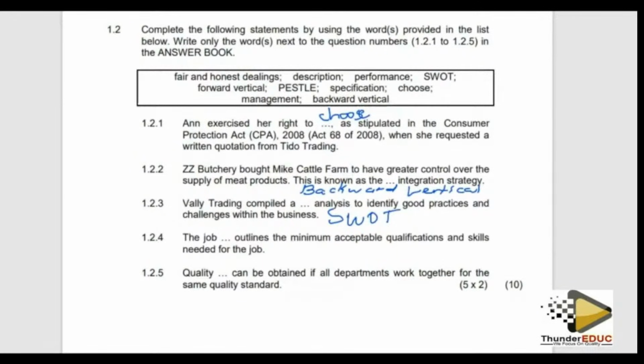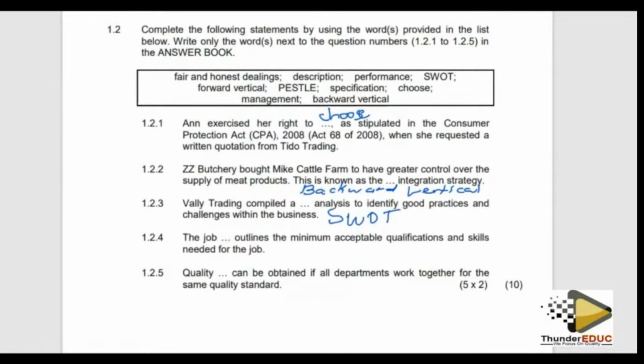The first type that we have is a job description, and job description normally addresses the issue of performance as well as the issue of duties for the candidate. And when we talk of job specification, it does specify what is needed for that job, the skills as well as the qualifications needed. So in this regard, our answer is going to be specification.